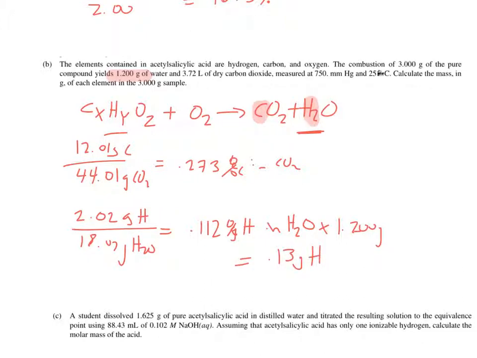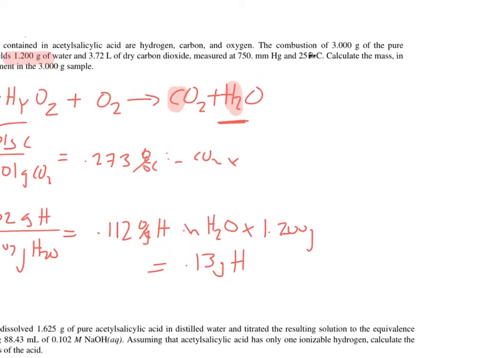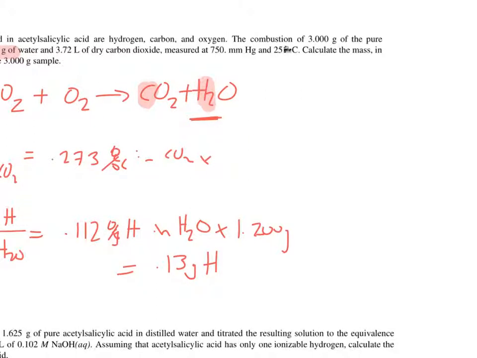Do the same thing, 0.273 times the mass of carbon dioxide from the problem, which was 3.72 liters. Now, because I have liters, I can't really multiply this by the 27% right now. I need to use liters and use PV=nRT to convert to moles of CO2 and then do a quick molar mass conversion to convert to grams. So I'm given enough information to get to grams of carbon dioxide eventually.